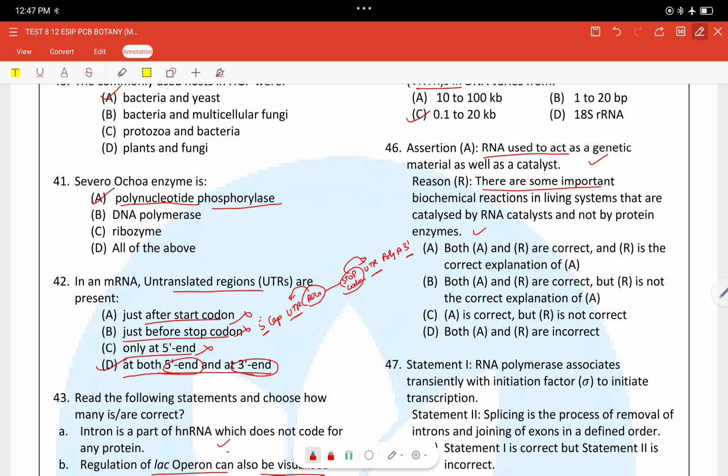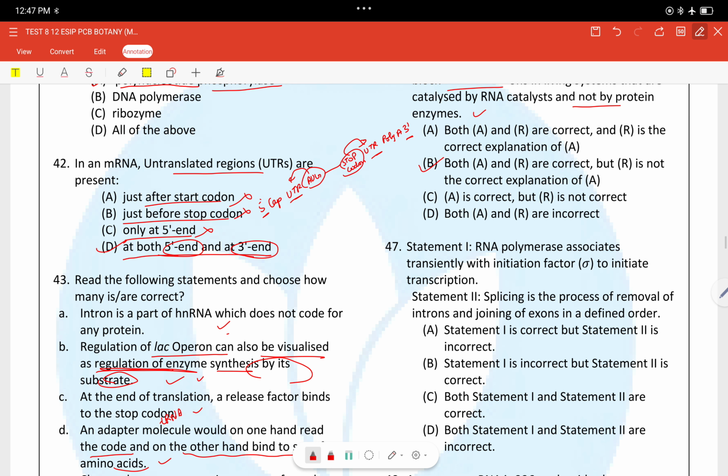This enzyme is ribozyme, which is made up of RNA. Why are these reactions catalyzed? Because RNA can also act as a catalyst. So if we switch the statements, the answer will be A, but according to this question, the answer is B.